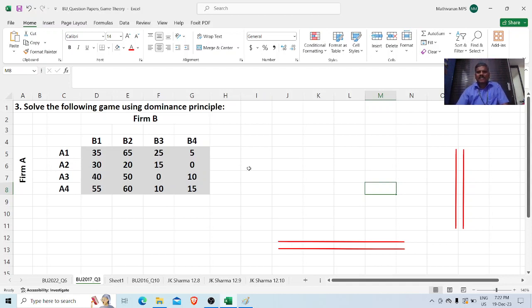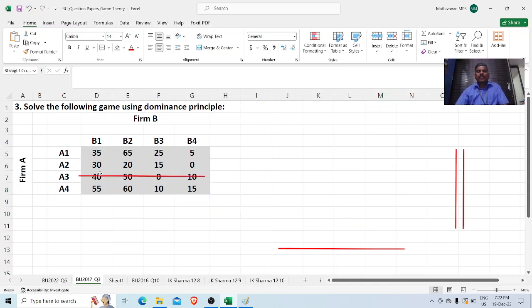That means for firm A, strategy 1 is dominating strategy 2 because it gives more gains.